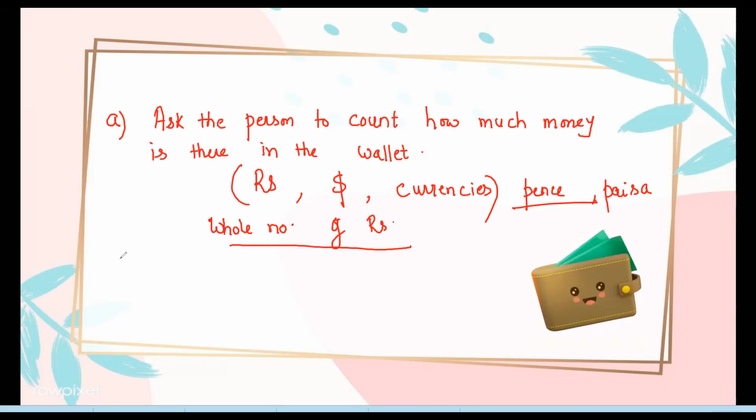Ask the person to count how much money is there in the wallet, because not every person remembers how much money is there. So he or she has to consider only the rupees part and neglect the paisa part. Next, second step: add 5 to the amount.